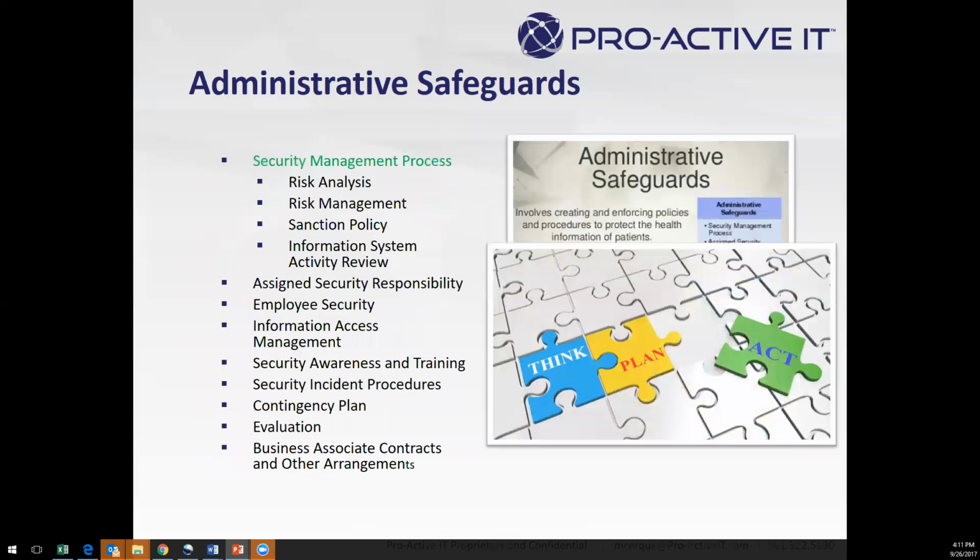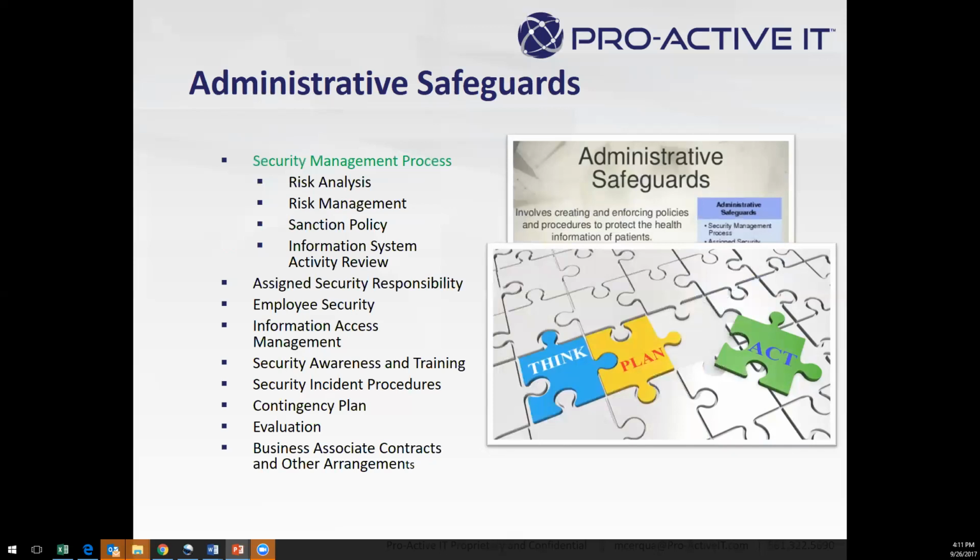There are 9 subsections of administrative safeguards. The first subsection carries the most weight, and this states that covered entities and their business associates need to have a security management process in which to implement policies and procedures that will detect, contain, and correct security violations.